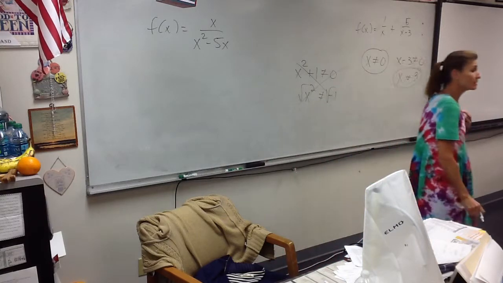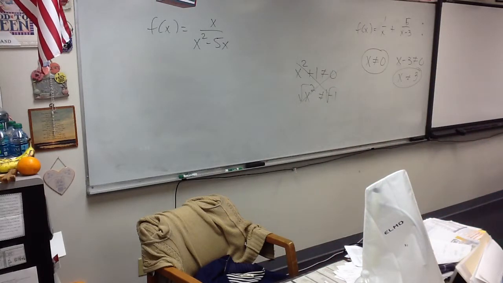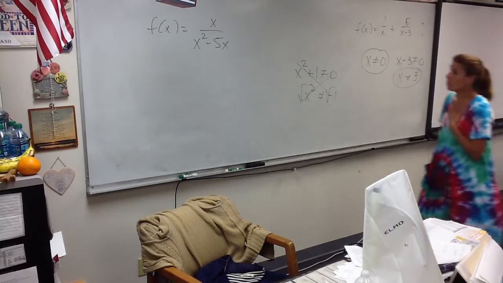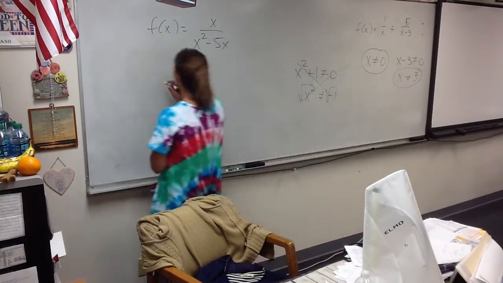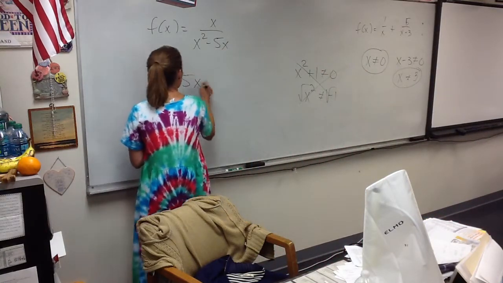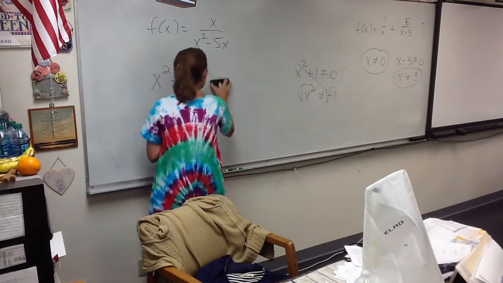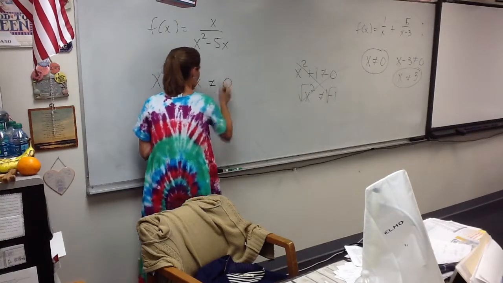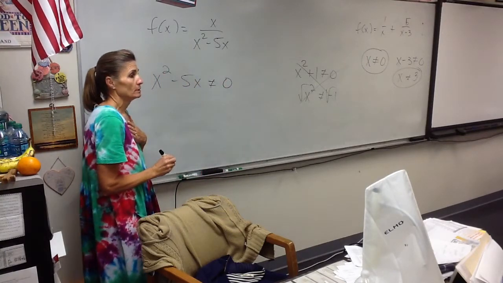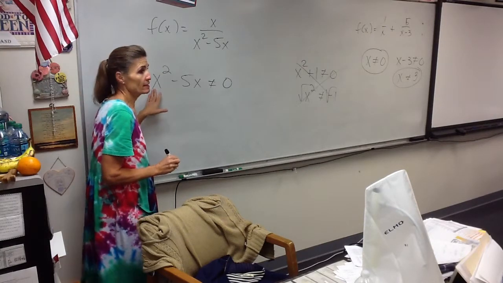Are you listening? The question is domain. What do I have here? I have a fraction. So that means that my denominator cannot be 0. Now, before I do that, well, let me just write that down. So x squared minus 5x can't be 0. Now that's a quadratic, isn't it?